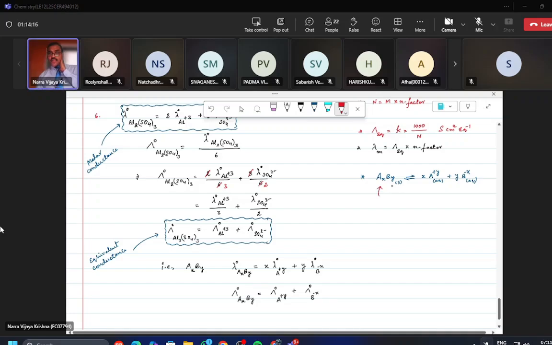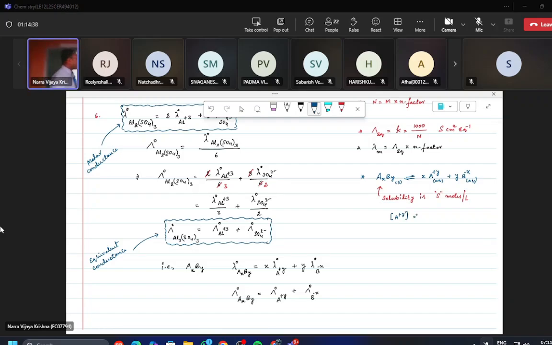If its solubility is S moles per liter, then what is the concentration of A^y+?